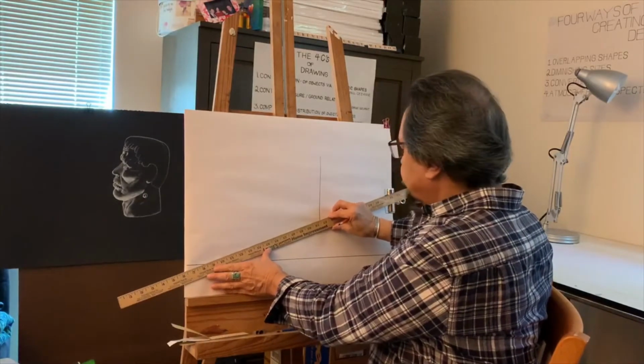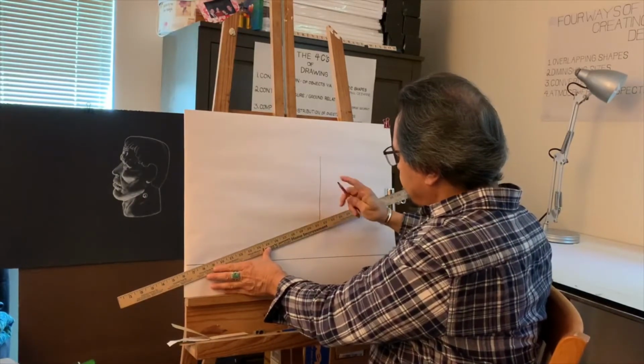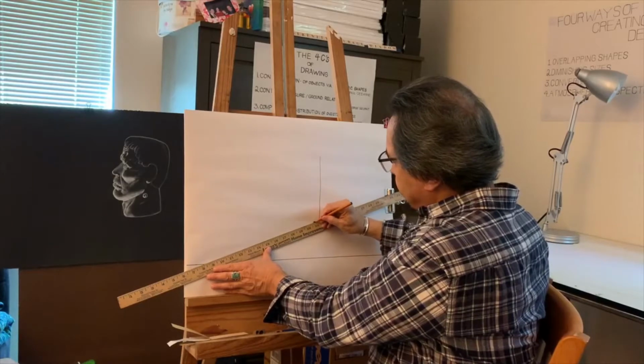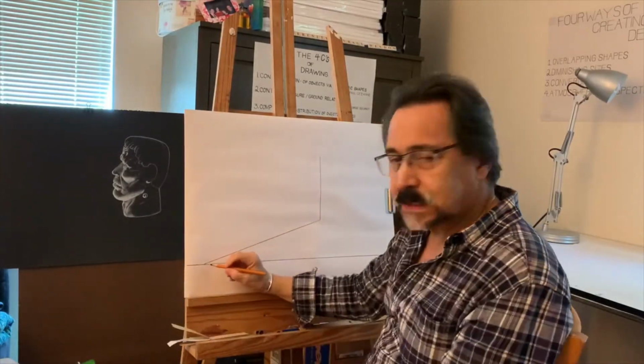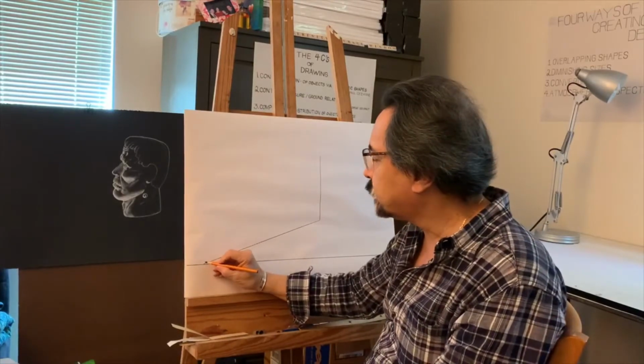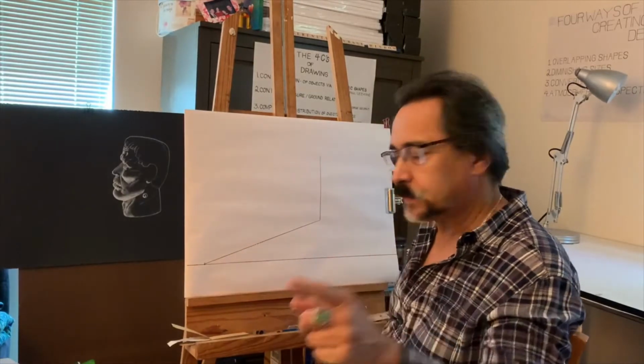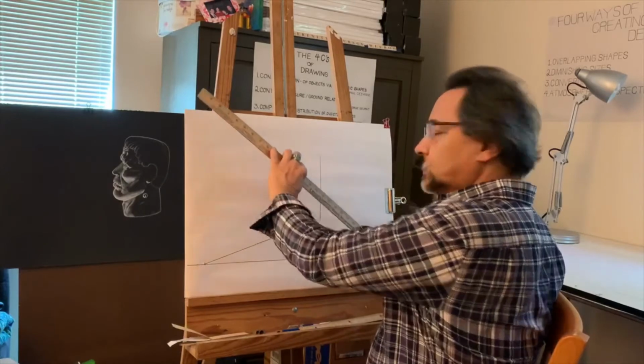So I'm picking my vanishing point over here. And where that line touches, that'll be my left vanishing point in 2-point perspective. Then I'm going to do this one slightly different.